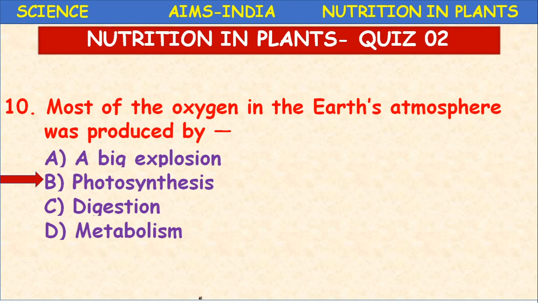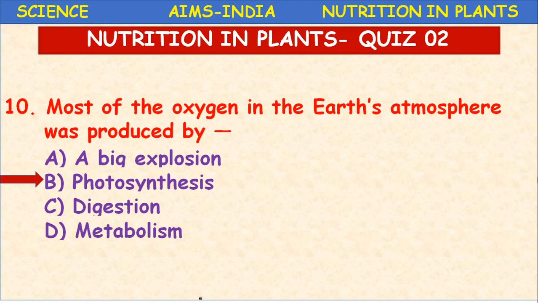Photosynthesis adds oxygen to the atmosphere and removes some amount of carbon dioxide. So it is very, very important to grow the green plants, to make the Earth a green planet. Abundant oxygen is added to the atmosphere.